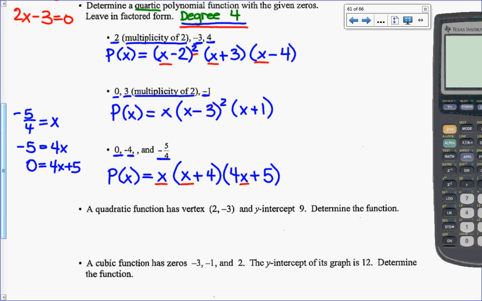The only factor that I can give multiplicity 2 on without changing the value of the function is my 0. So it's going to be x squared here. Because if I square this one or square this one, it's going to change the value. But if I square the 0, it doesn't change the value. But it does give me an x to the 4th function, a 4th degree function.